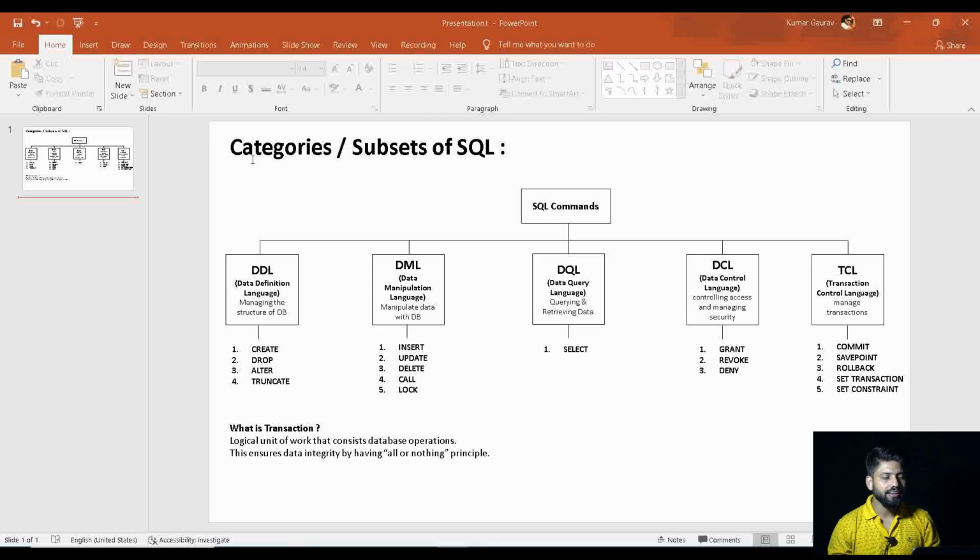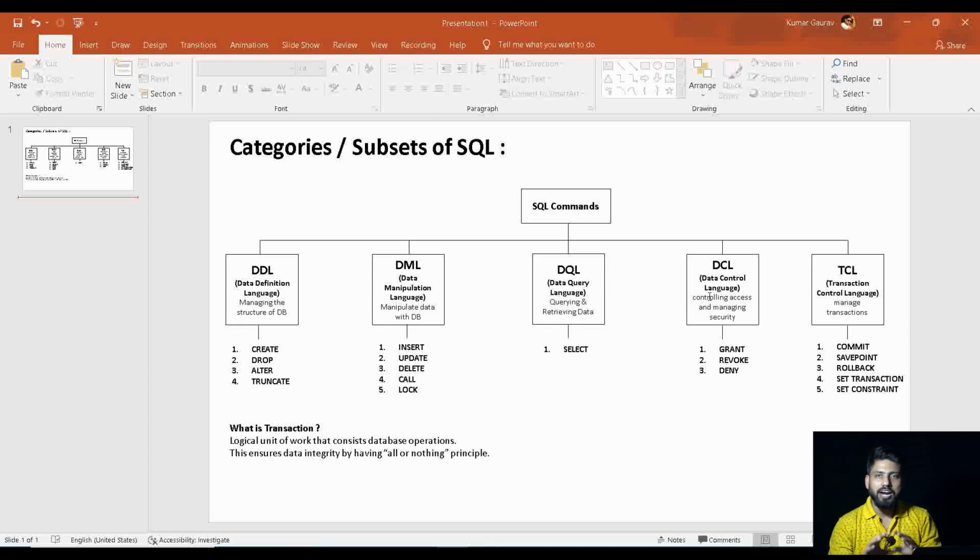Why have I chosen this topic, the categories or subsets of SQL, as the very first topic? SQL is a structured query language, and this structured query language has multiple operations in it. Now all the operations in structured query language are divided into basically 5 parts. Those 5 parts are DDL, DML, DQL, DCL and TCL.